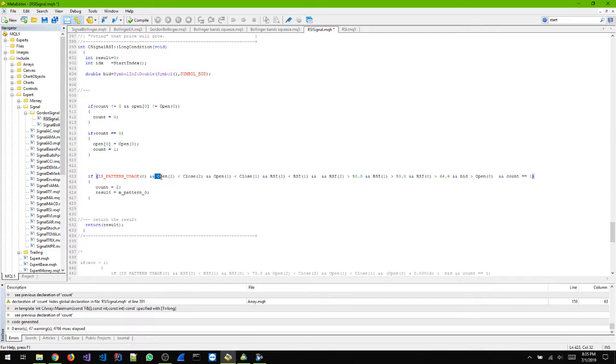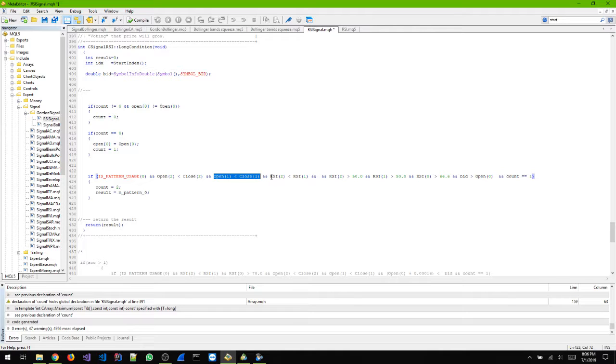Here is the second candlestick it checks before the trade. Make sure that the close is above the open, and then this does the same thing for the other previous candlestick, making sure that its closing price is above its opening price, indicating a rising candlestick.